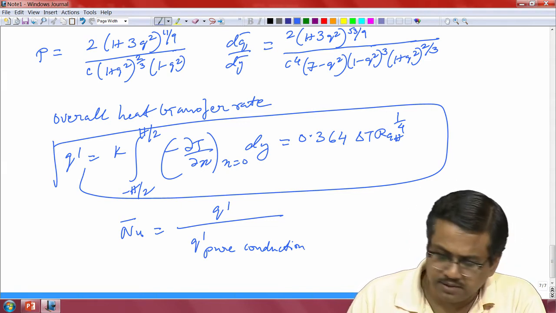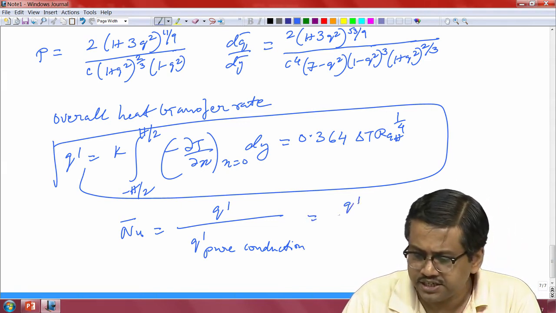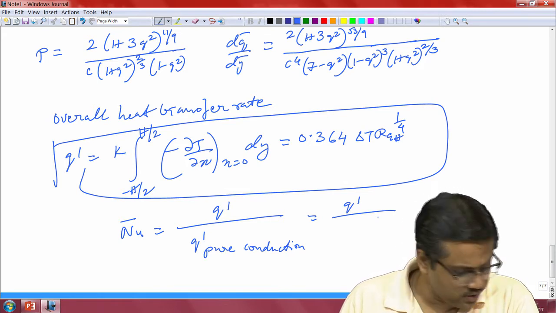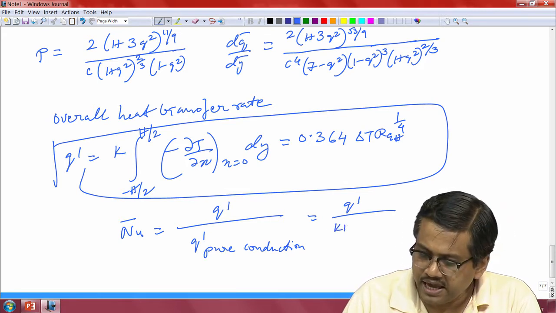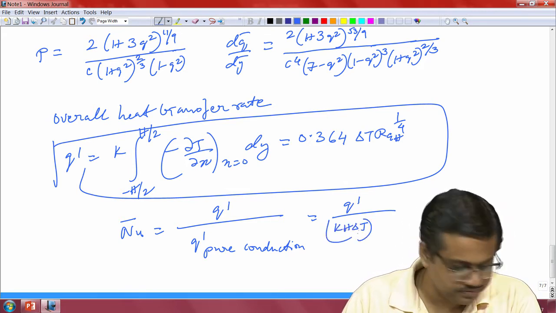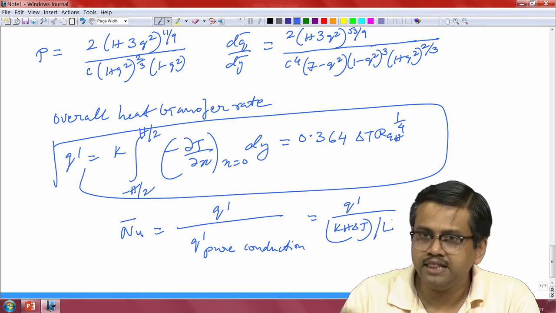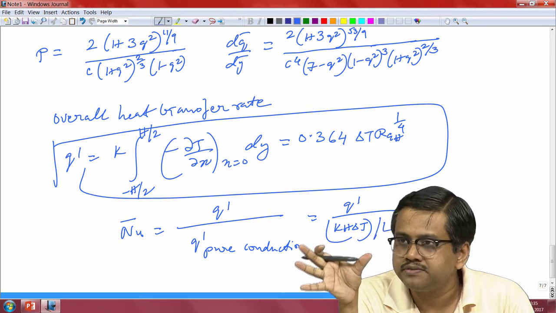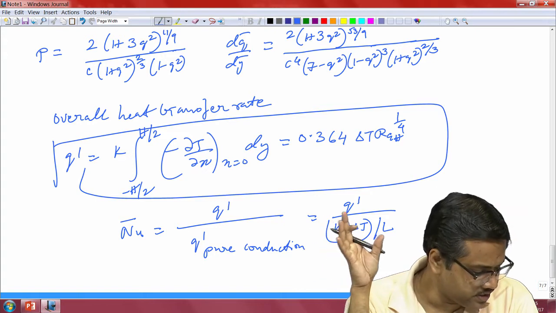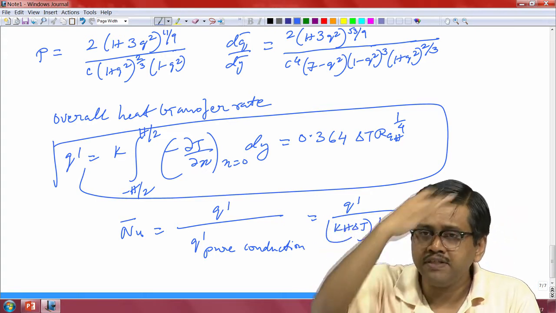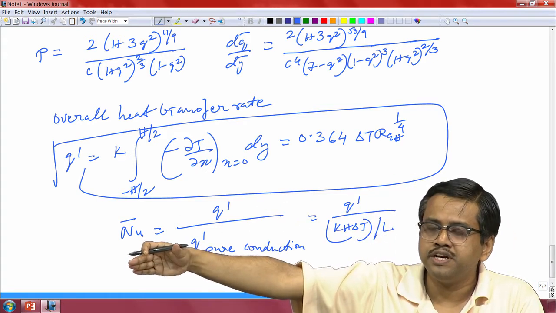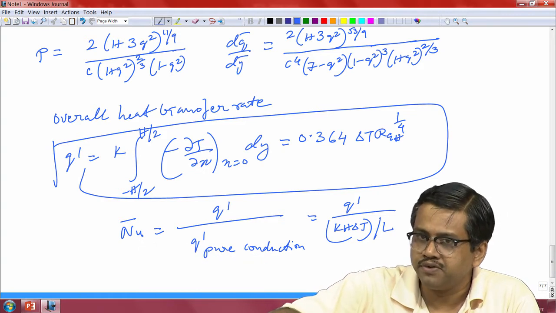That will roughly translate to the actual q prime divided by k h delta T divided by L, L being the width of the enclosure. So, it is basically what you would have for a constant diffusive type of heat transfer, right. Okay.